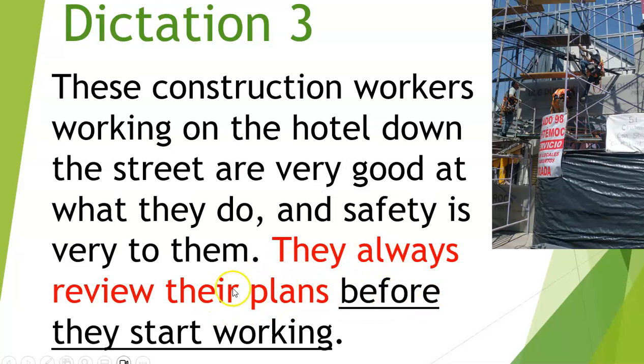They always review their plans. That's an independent clause. And then before they start working, of course, this is a conjunction, and this is a dependent clause. So again, the two of these together make a complex sentence.